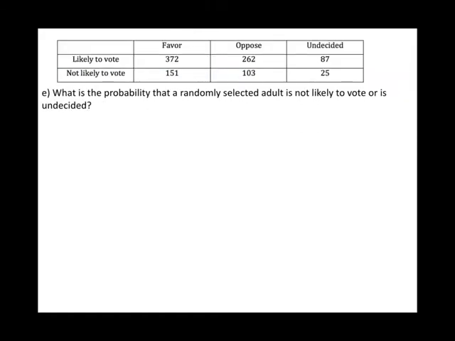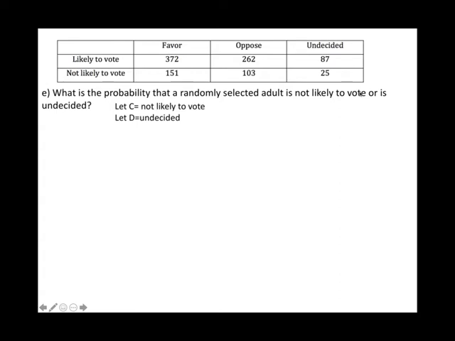Okay, next question. What is the probability that a randomly selected adult is not likely to vote or is undecided? First step, we're going to let C equal not likely to vote. D is going to be undecided. Again, we are working on the probability with or. So first, think about it.